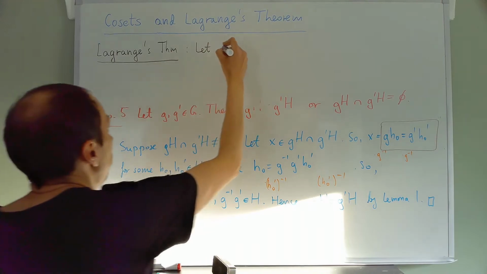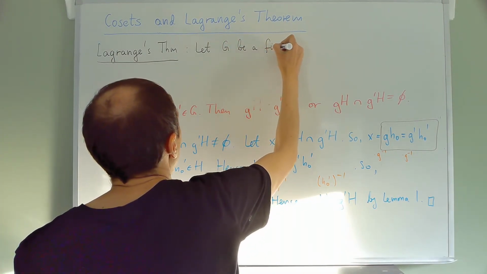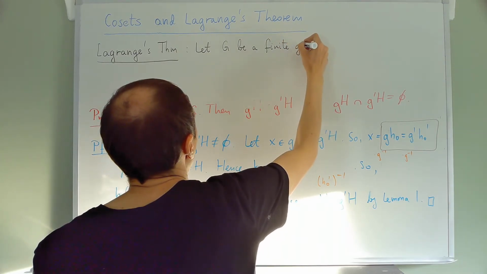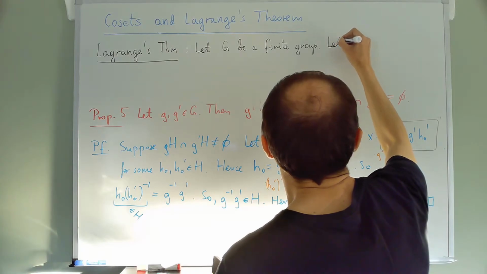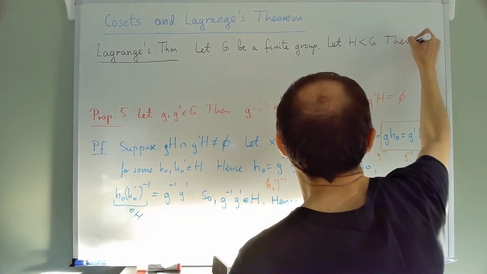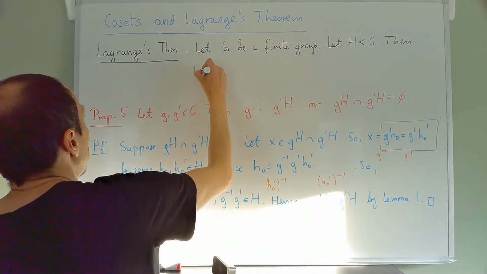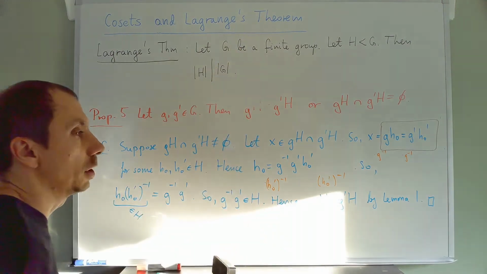Let G be a finite group, and let H be a subgroup of G. Then the order of H divides the order of G.